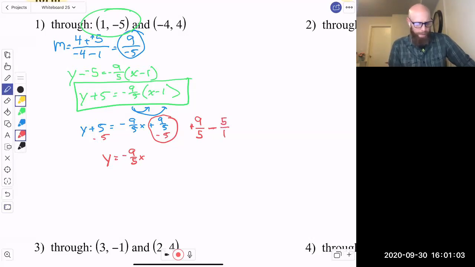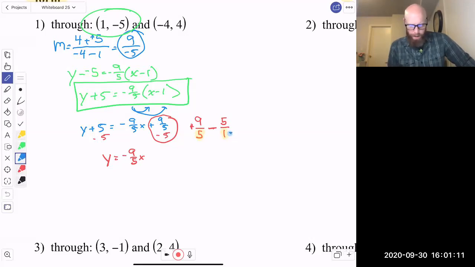I cannot put these together unless my fractions have the same denominator. So let's multiply that by 5, so it looks like 25 over 5. Let me rewrite this: 9/5 minus 25 over 5.